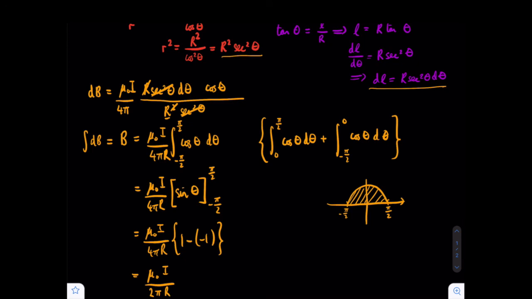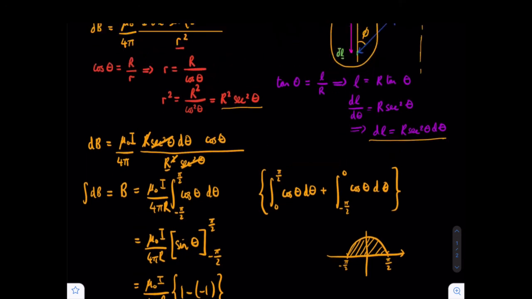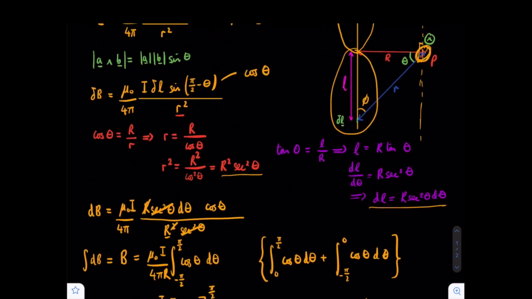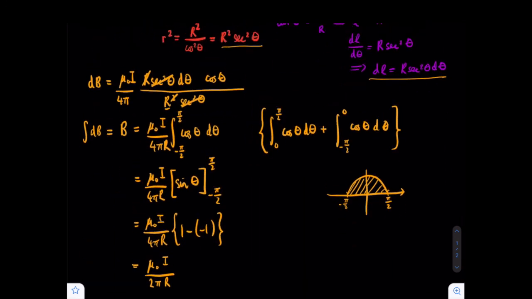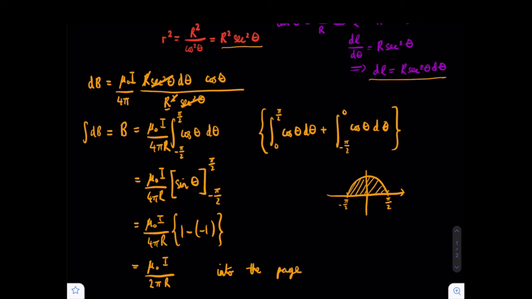And that is the magnetic field at some point P away. And we have determined that the magnetic field will be into the page. And that's how to do the question.